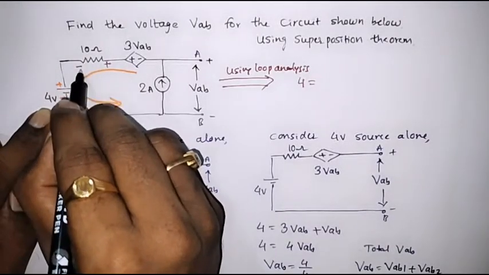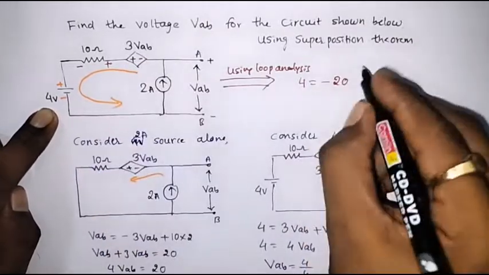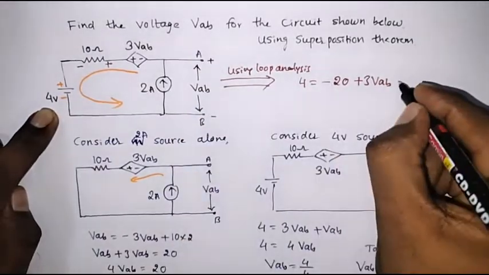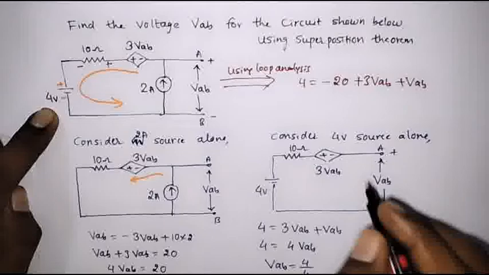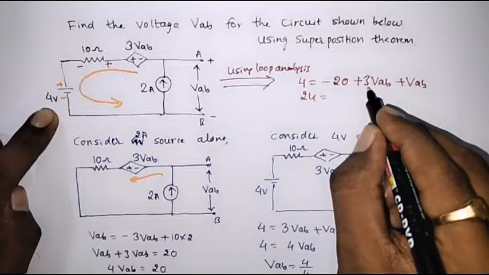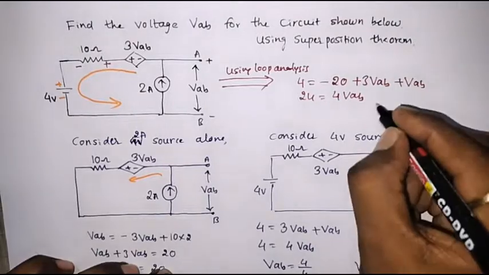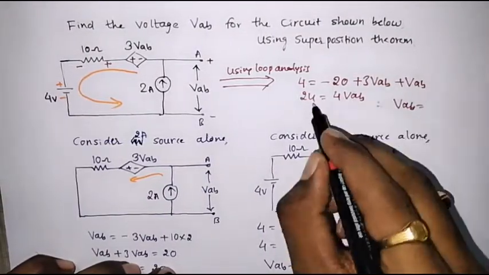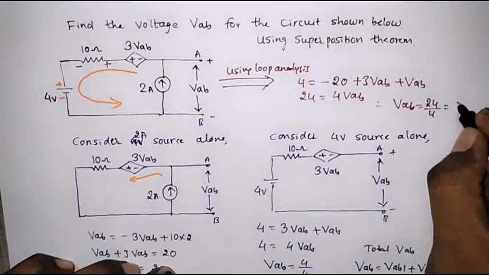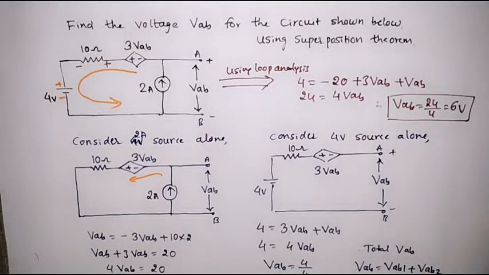So the voltage across this is now minus 20, that is minus 20 plus 3 VAB plus the voltage between terminal A and B, which is VAB. So now I can write it as 20. I'll take it on the left hand side, it will become 24 is equal to 3 VAB plus 1 VAB, that is 4 VAB. Therefore VAB is equal to 24 divided by 4, which is equal to 6 volt. So we got this by applying the loop analysis method.